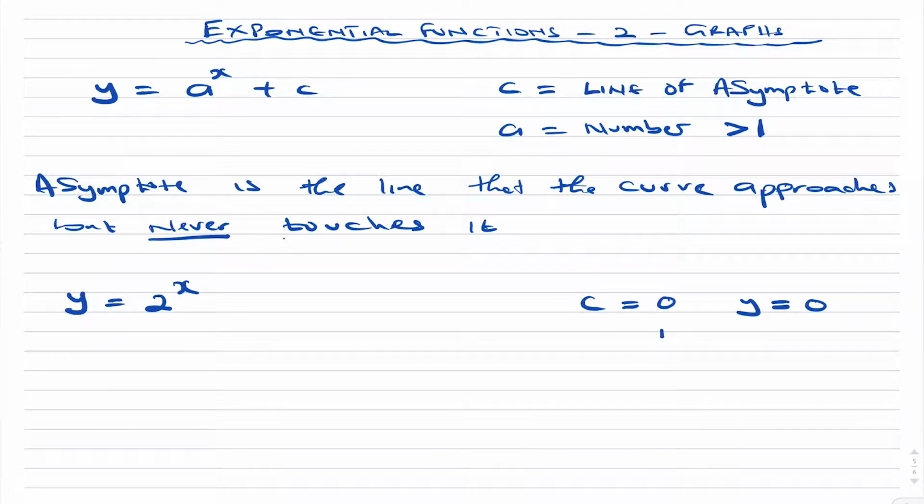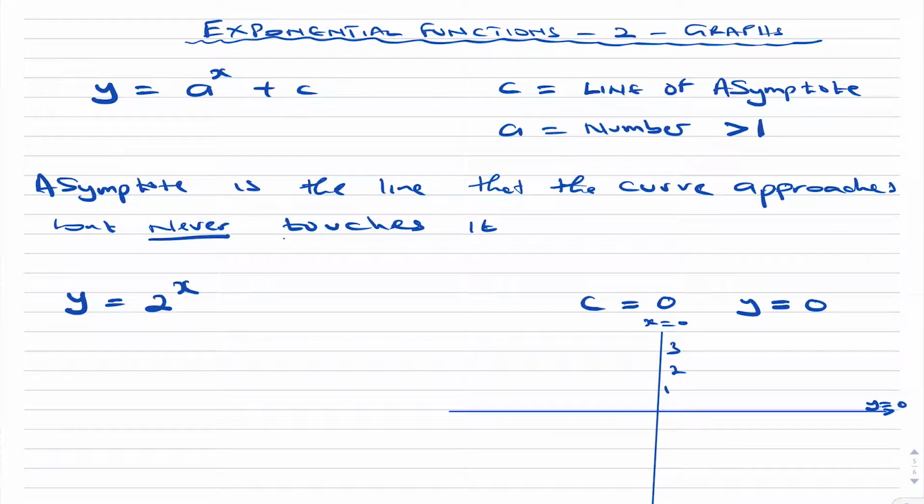When we're sketching that curve, you always need to show the point of y-intercept. So let's make this 1, 2, 3. The x-axis is y equals 0, and the y-axis is x equals 0.